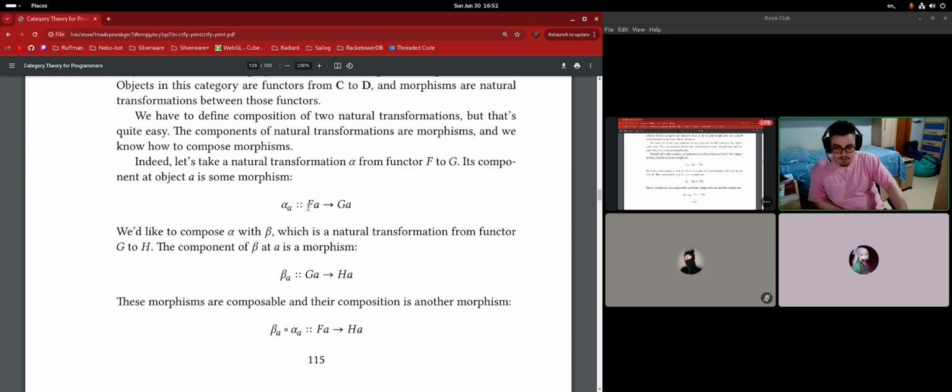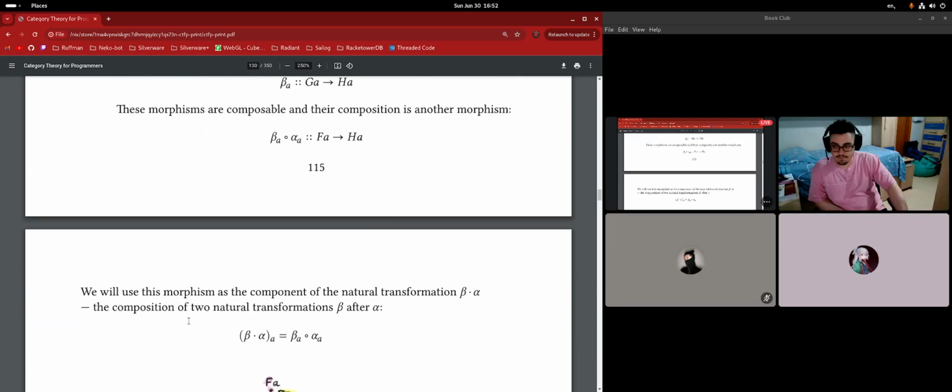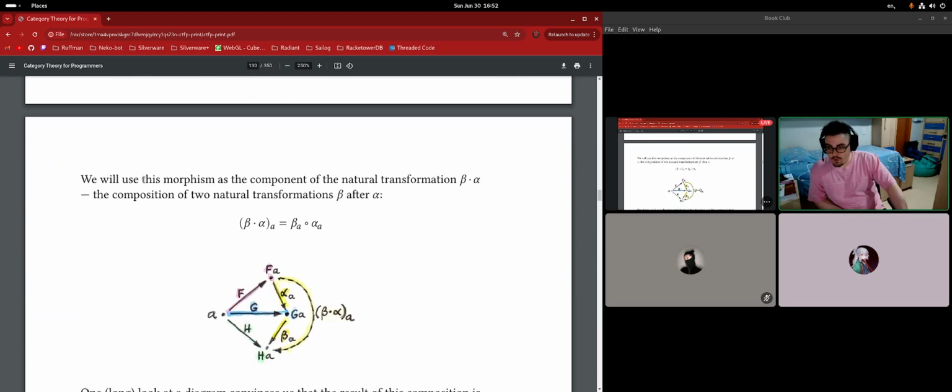So we're basically going from f of A to h of A if you compose these things. We use these morphisms as the component of the natural transformation beta after alpha, and the composition of the two natural transformations, beta after alpha.